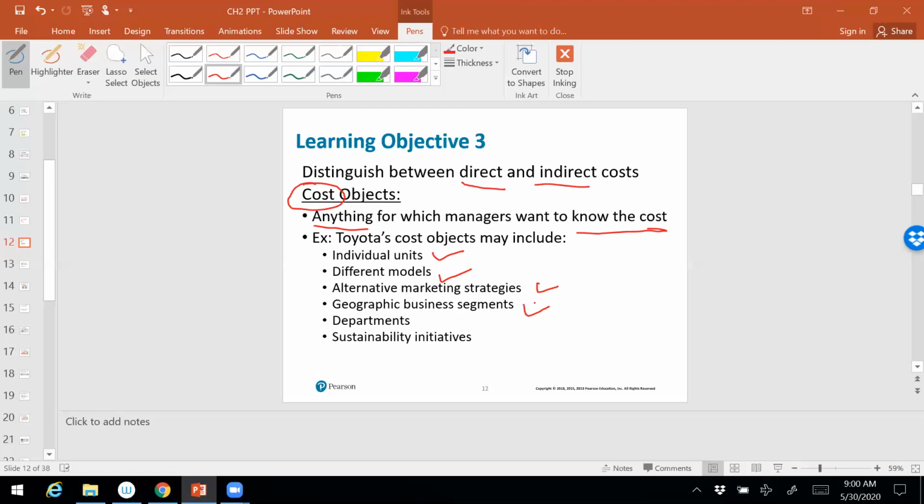So you have different objects. If the question doesn't tell you, at least in our class, we focus on one unit, right? When we talk about the cost, we talk about one car's cost, a Toyota car's cost. We don't really talk about the segment or model or other things.